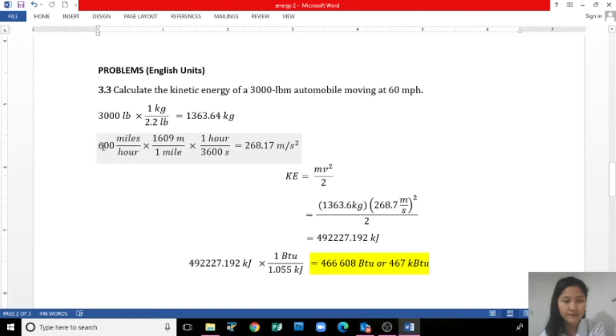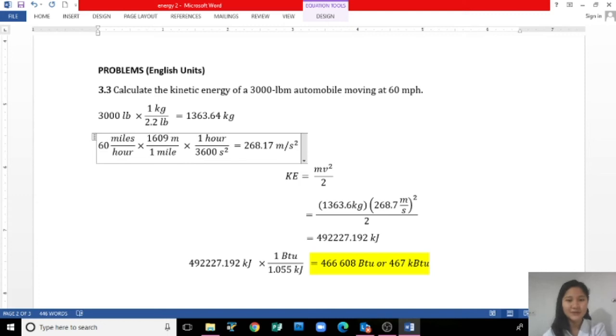Now for the velocity of the automobile, we have to first convert the 60 miles per hour into meters per second. I multiply it by 1 mile, which is equal to 1,609 meters, and 1 hour is equal to 3,600 seconds.